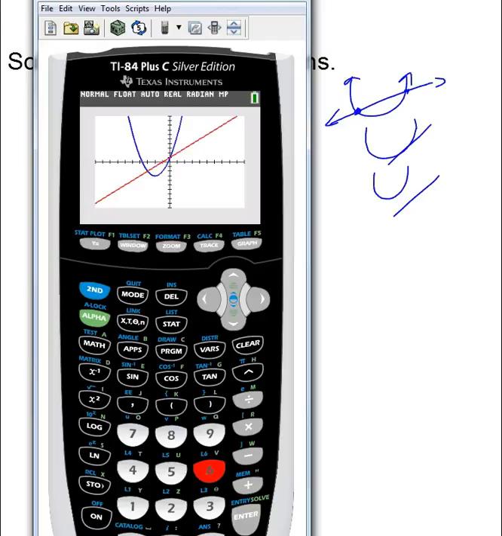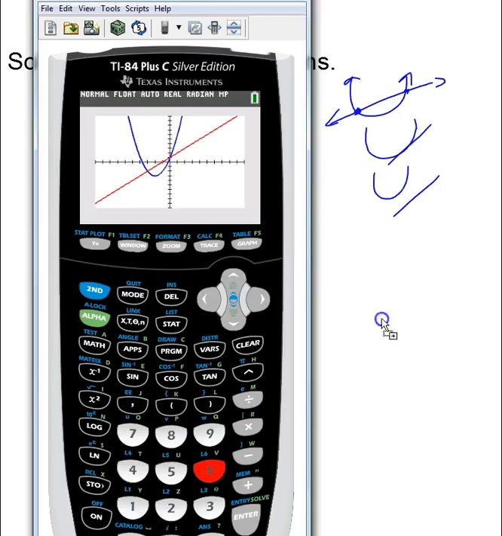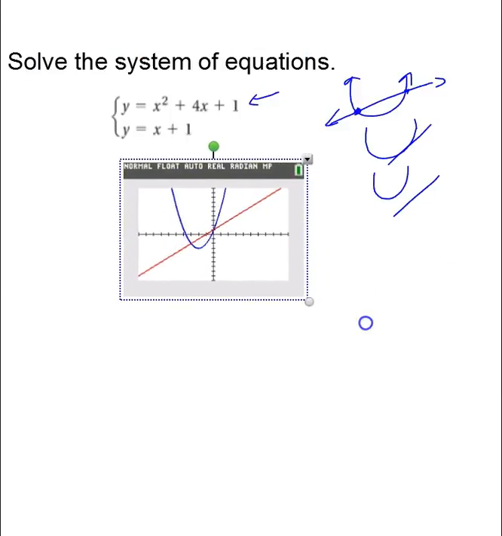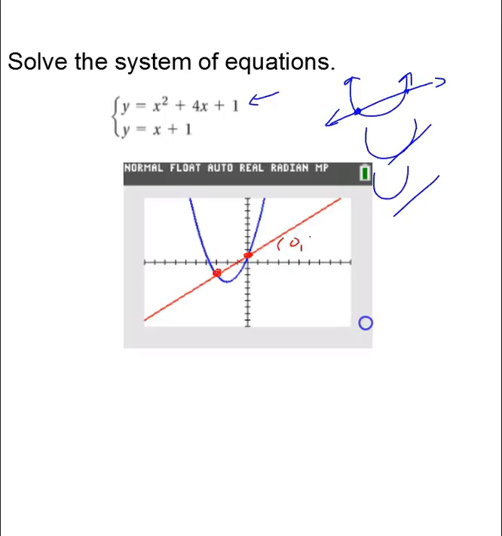And as you can see, I'm interested in this coordinate here and this coordinate here, correct? Well, that one looks like it might be 0, 1, and this one looks like it might be -3, -2. But let's make sure.